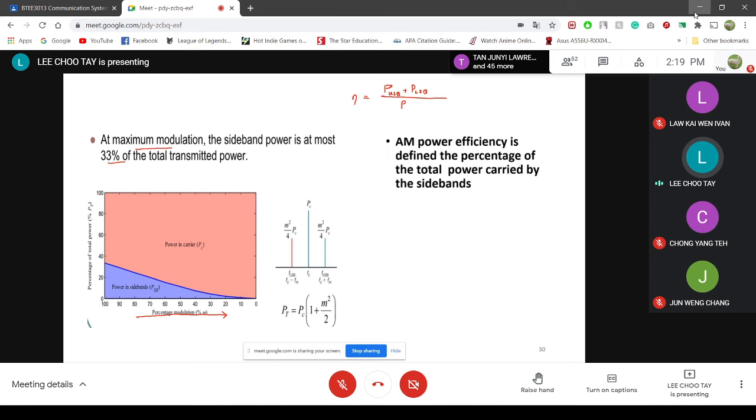So let's come to the second method, which is the phase shifter method. This is a bit more complicated.